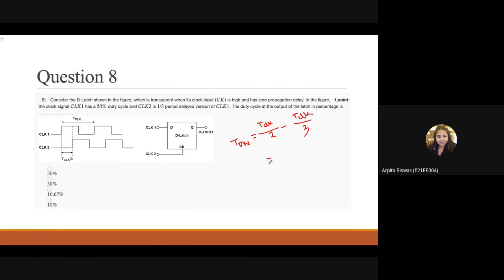So what we are getting here, T1 is equal to TCLK by 6.